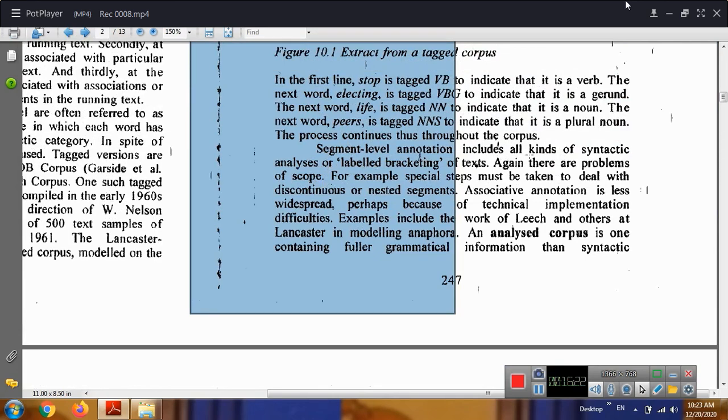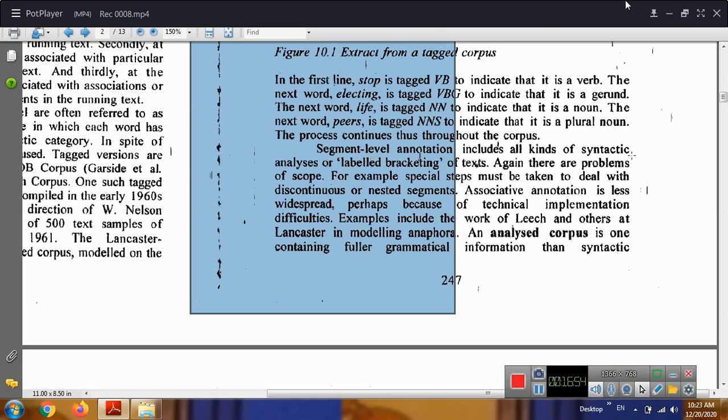Segment level annotation includes all kinds of syntactic analysis or labeled bracketing of text. You should know this concept and this term. They are important. Maybe we will ask you in the final exam about the segment level or token level and their details.